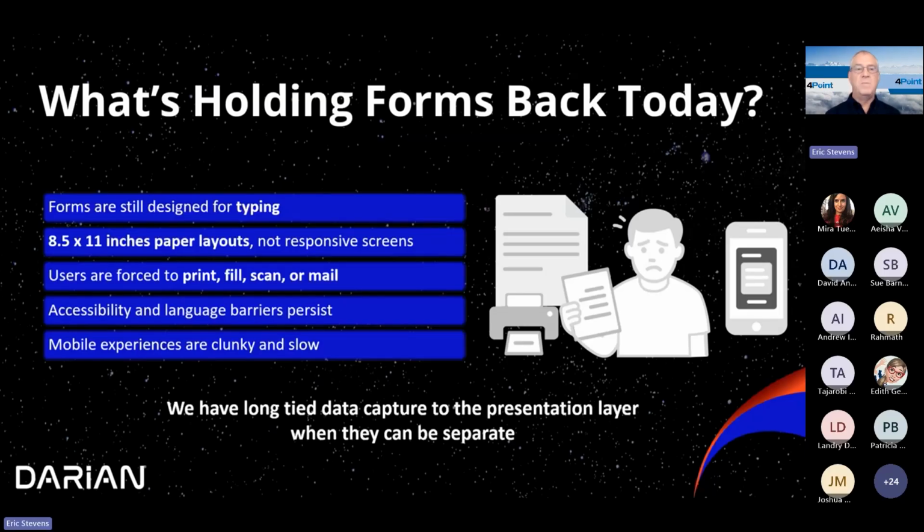And it's challenges because forms are still designed for typing, and they're still constrained by the 8.5 by 11 paper borders. No matter what environment we put these in, no matter what we do, we still force everyone into that lowest common denominator. And a lot of organizations are still implementing a print, fill, scan, and mail in strategy for forms. And from a user's perspective, that's extremely frustrating.